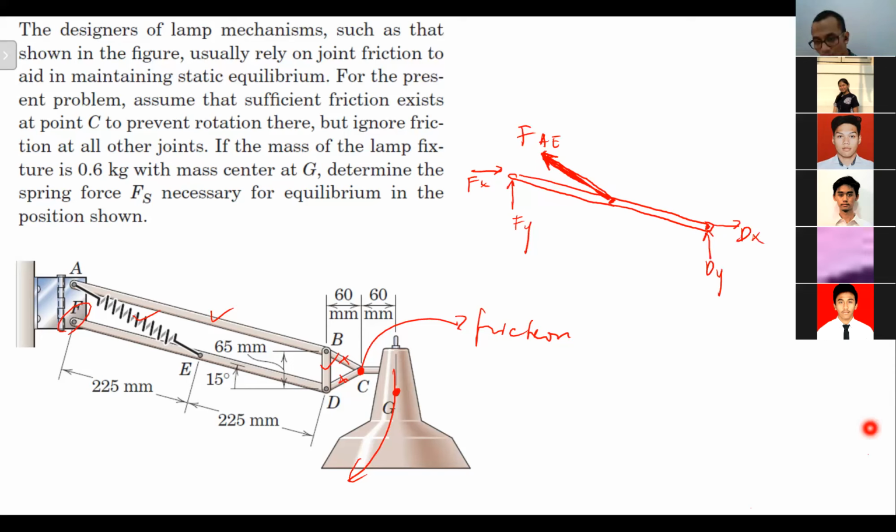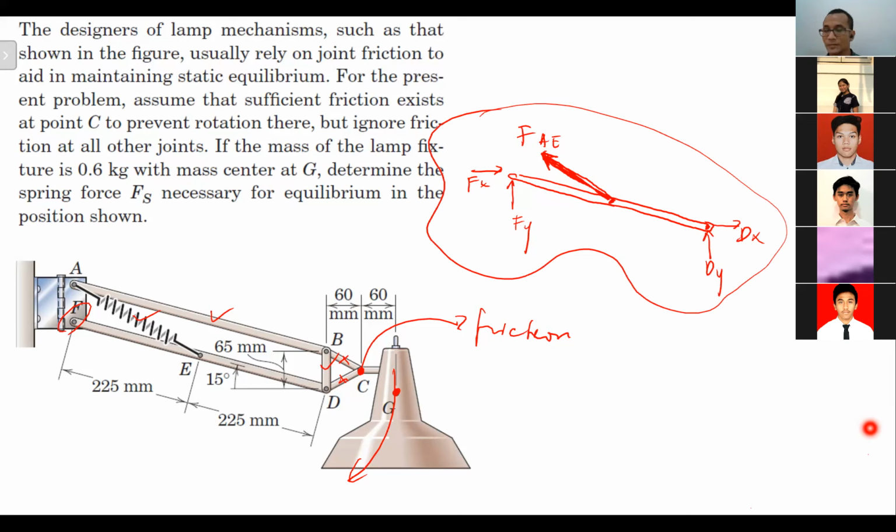But by doing so, we can see in this particular free body diagram, we have 5 unknowns. We cannot solve it. So how can we solve it? Then we have to solve for another free body diagram.